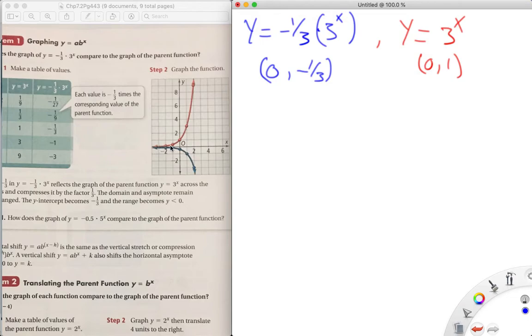And look what happened. By multiplying by a negative number, the graph flips vertically across the asymptote, in this case the x-axis, and it is compressed. And it's compressed by a factor of 1/3, meaning that it's been multiplied by 1/3. So when a is less than 1 and greater than 0, the graph is compressed.